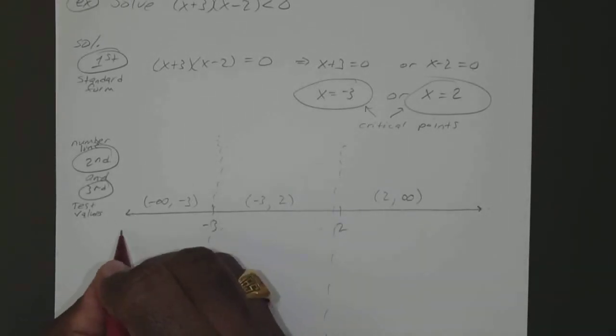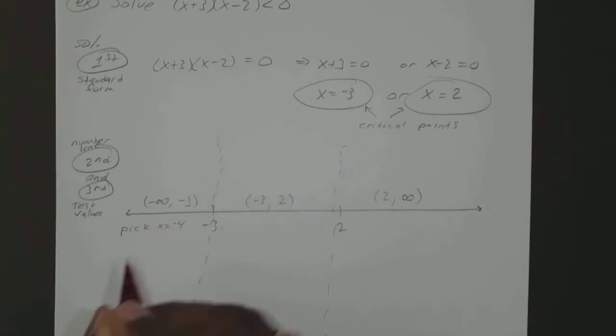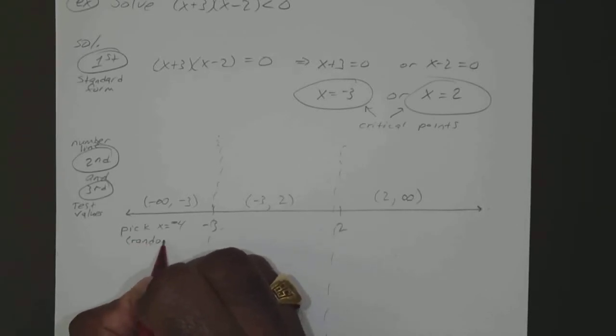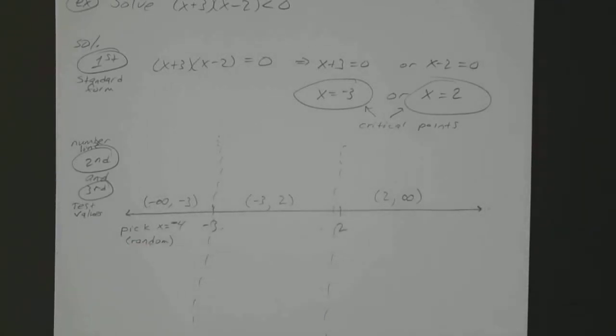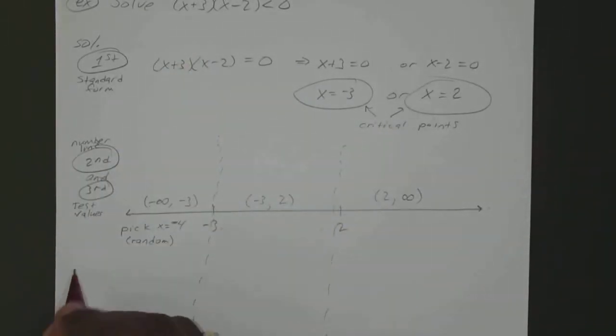Okay, so here we just go ahead and pick x equals -4, which is completely random. You can pick whatever you like. And we plug it into our original inequality.